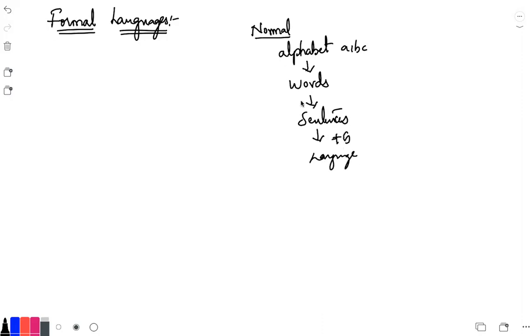Right? Coming to formal language, there is a difference. Here the least possible entity is the symbol. Any individual unique character is a symbol in formal language, be it a digit, a special symbol, or the general alphabets. So one individual character is a symbol.